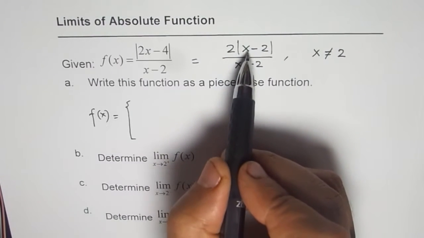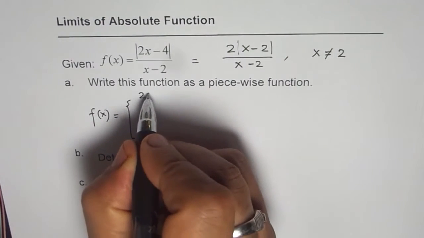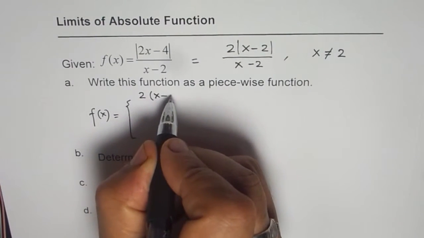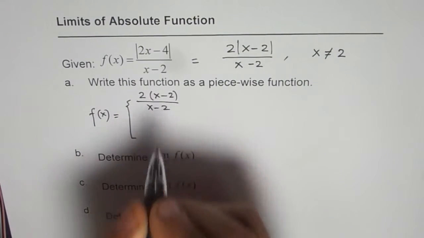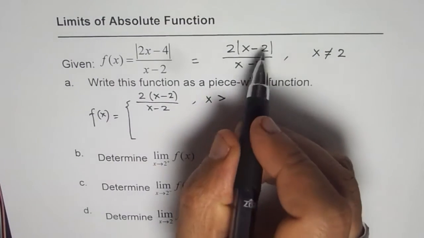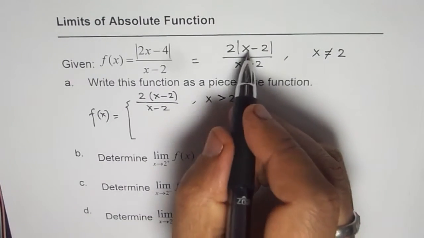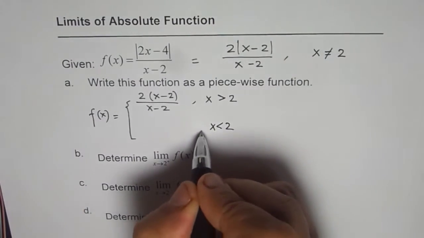And therefore, we can write this function as 2 times x minus 2, the positive value, divided by x minus 2 if x is greater than 2, correct? Then this will be positive. But if x is less than 2, then what happens?